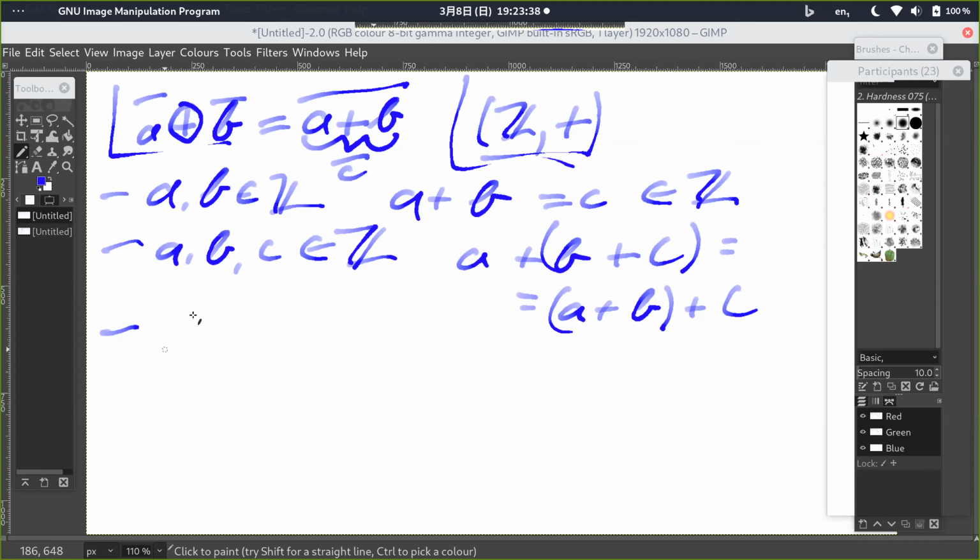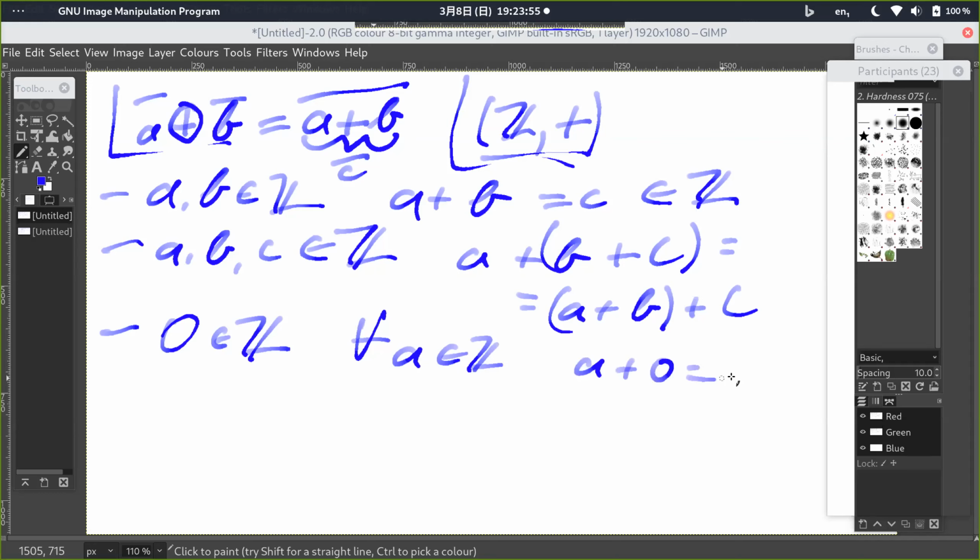The next one was the neutral property. So 0 is in Z, and this is the neutral element, because for every A in the integers, it will be true that A plus 0 equals 0 plus A equals A. So 0 doesn't do anything. And the next one was inverse.